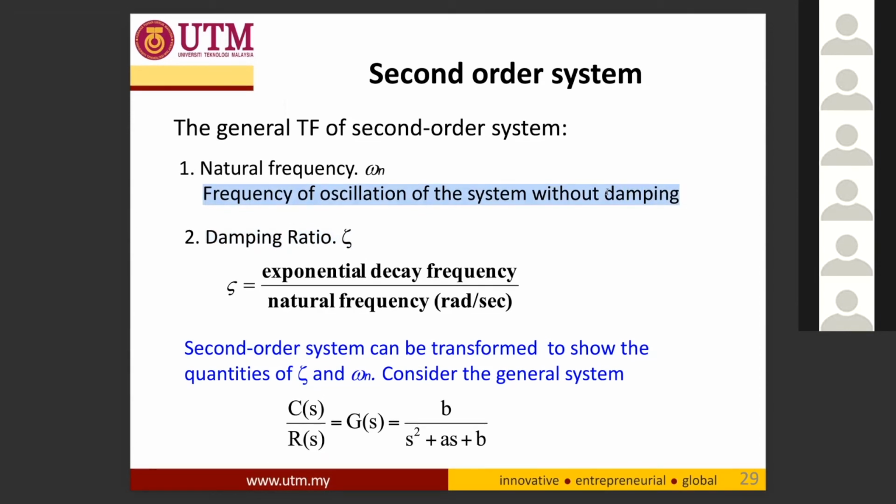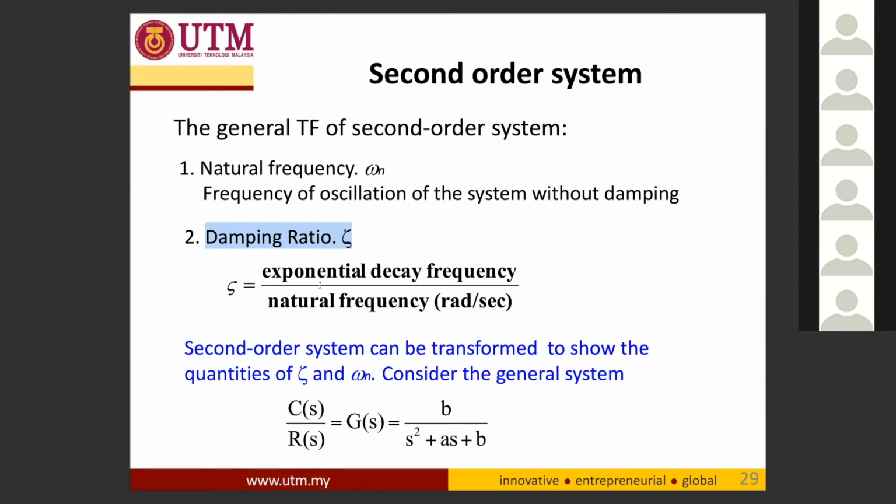The unit is radian per second. Damping ratio, zeta: you have to practice how to write zeta. Zeta is the ratio between exponential decay frequency divided by natural frequency.